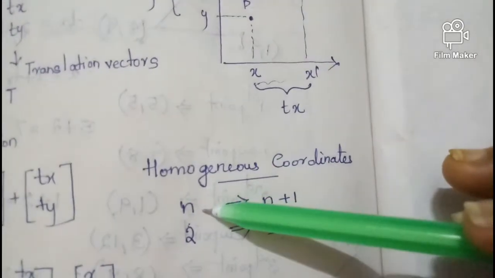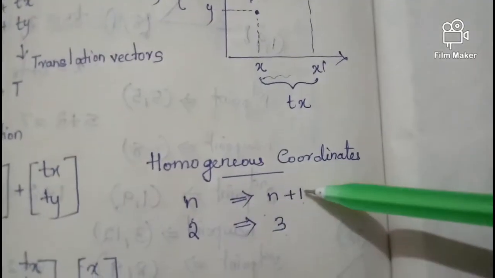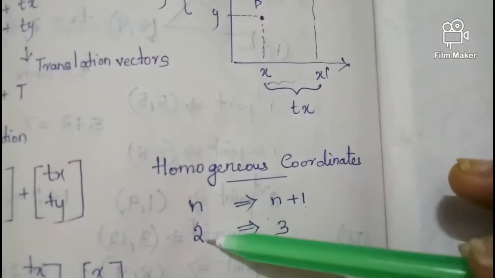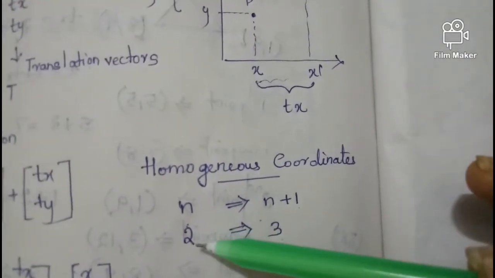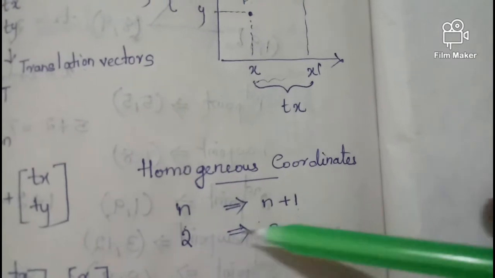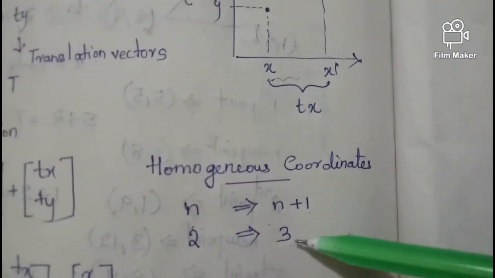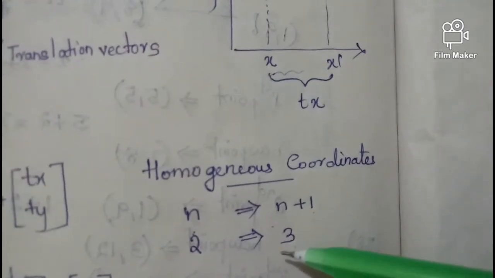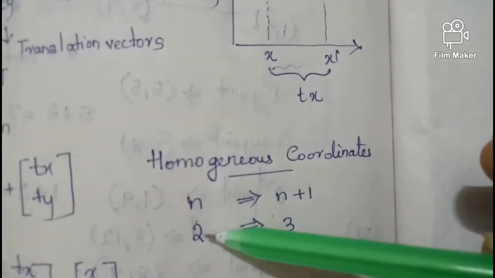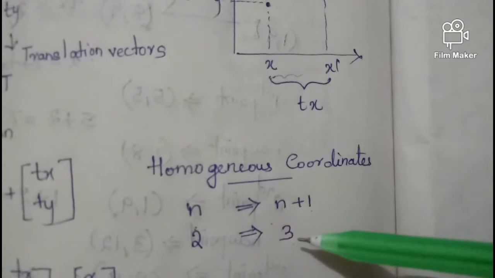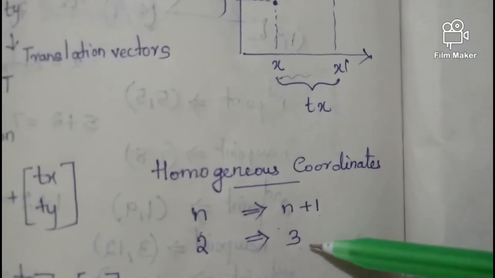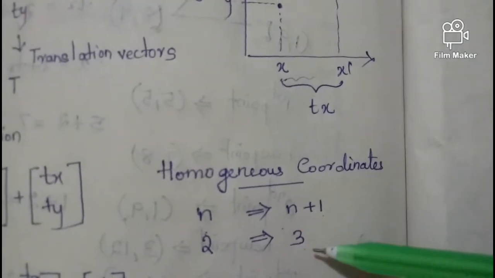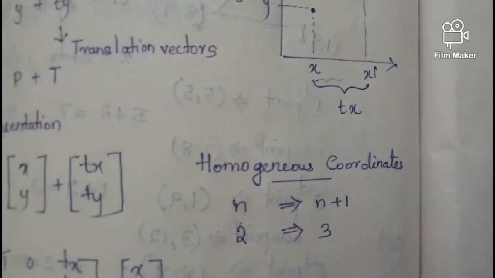That means an n coordinate system can be represented using n plus 1 coordinates. When n equals 2, we can represent it using 3 coordinates. But there should not be any change in value. You can represent a 2 coordinate system using 2 plus 1 coordinates, but the value of the equation should not change. Let us see how this is possible.